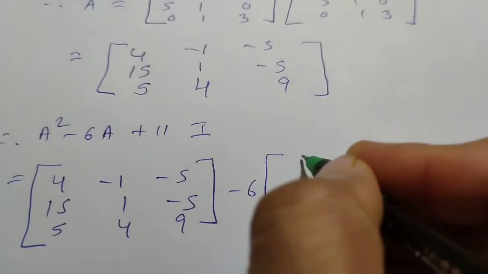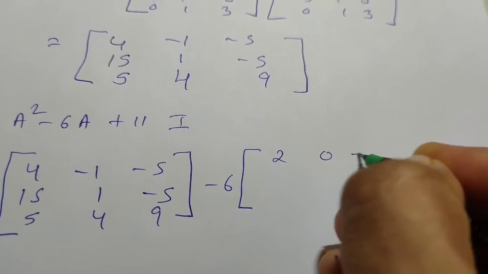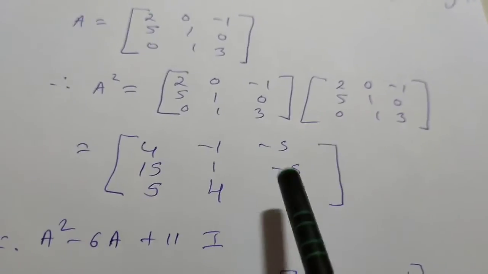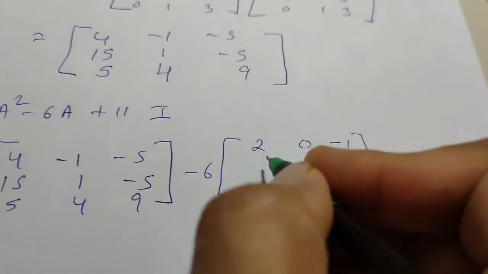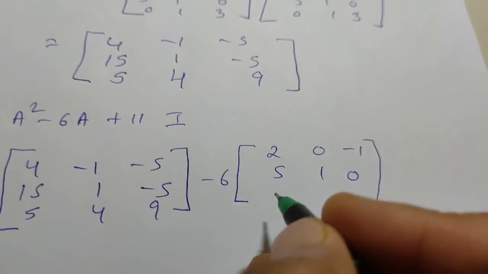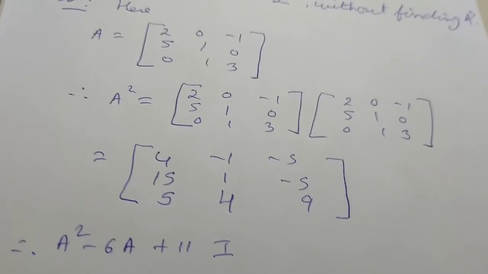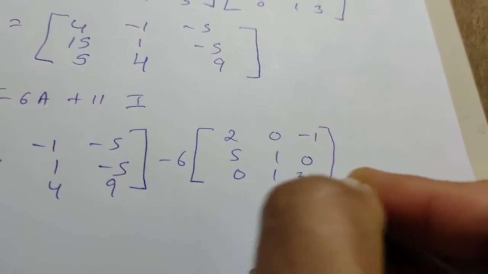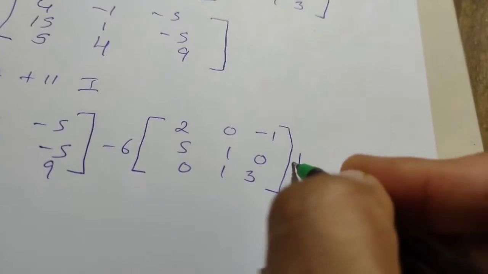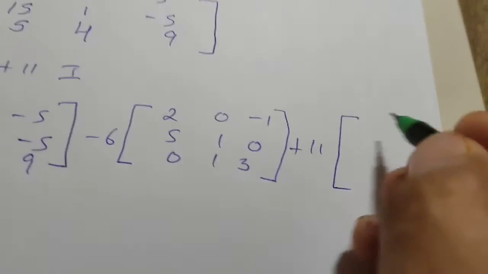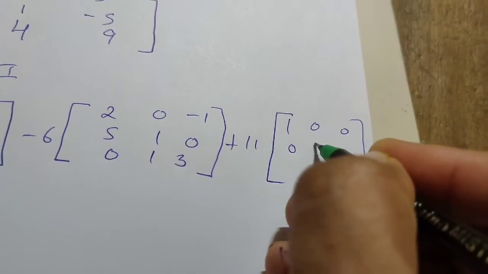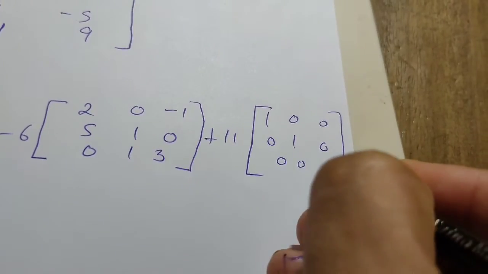Second row, you can see here, is 5, 1, 0. And third row is 0, 1, 3. And plus 11 times the identity matrix. What is the identity matrix? 1 0 0, 0 1 0, and 0 0 1.